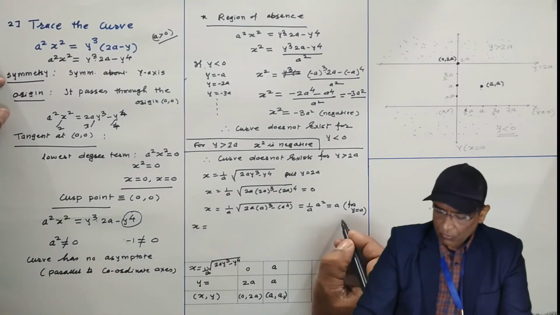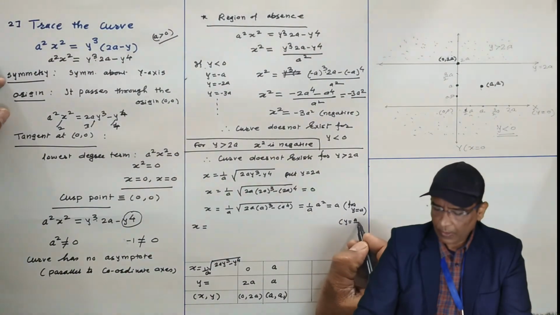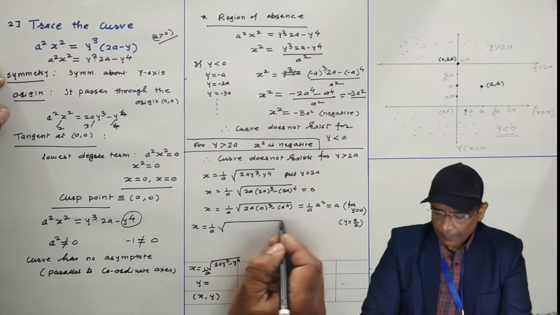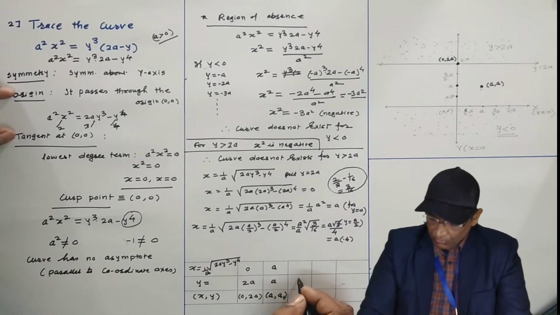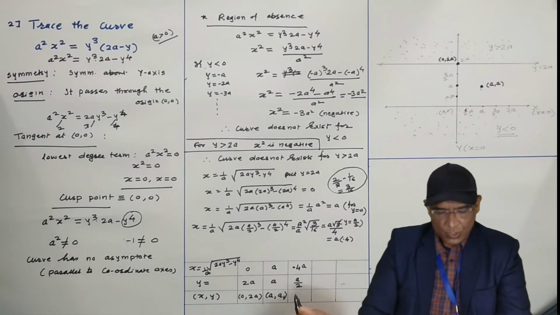For y equal to 0.5a, 0.5a means a by 2. If you put y equal to a by 2, the value of x is 0.4a. The next point we have obtained is x equal to 0.4a and y equal to a by 2, or 0.5a.